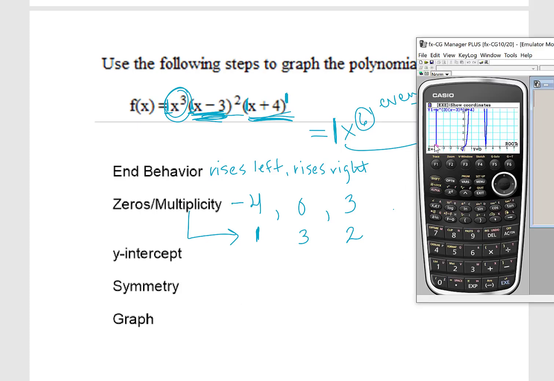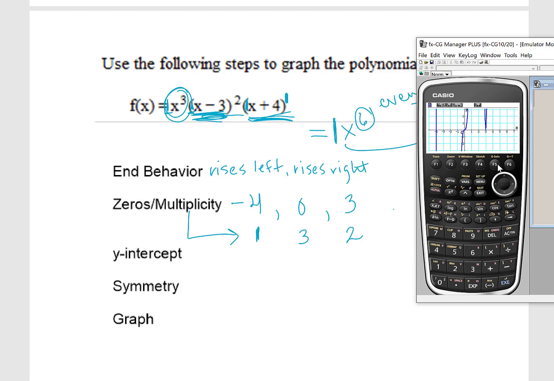And sure enough, at -4 and at 0, the graph passes through the x-intercept, or the x-axis, excuse me. And then at 3, it has an even multiplicity, so it should touch and turn. And sure enough, we see that. Let me go down a little bit lower. There we go. So you can see it a little bit better that it touches and turns there.